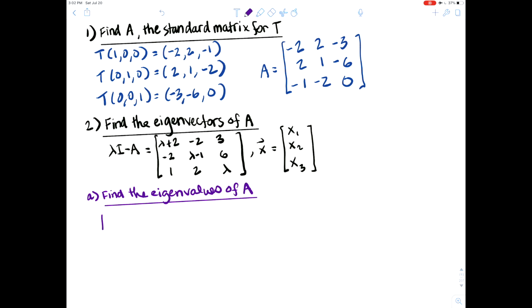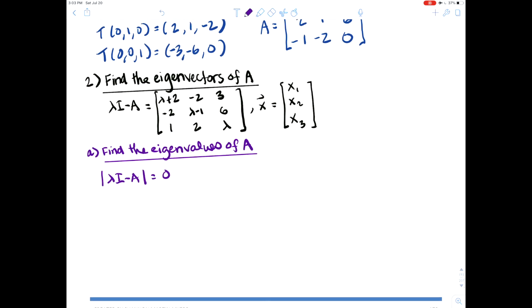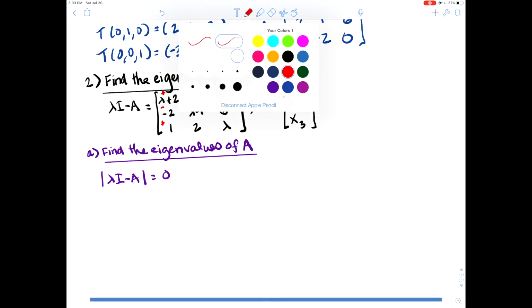We have to set the determinant of lambda I minus A equal to the scalar 0. So to do so, let's see, what do you want to expand about? It doesn't really matter. Why don't we just do plus, minus, plus. That'll be easy enough.